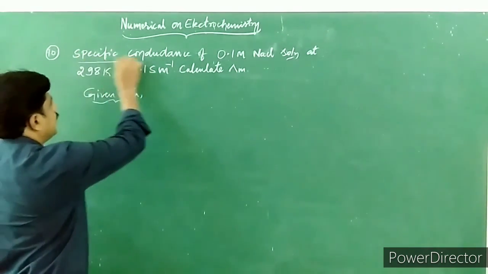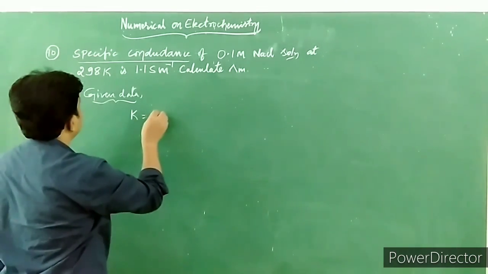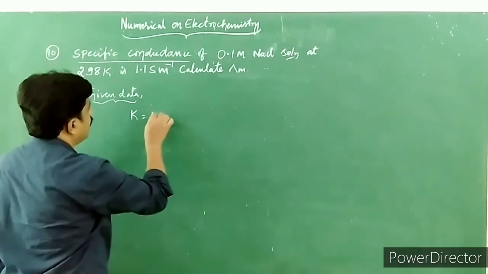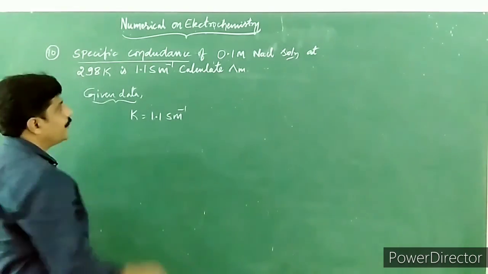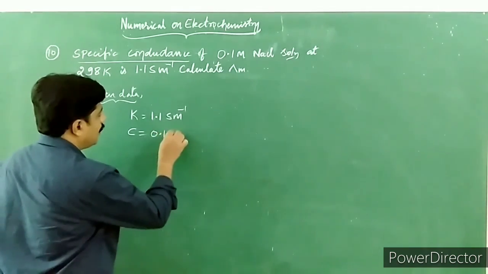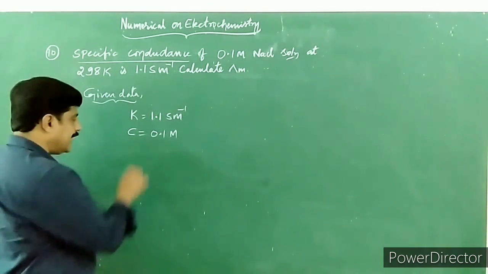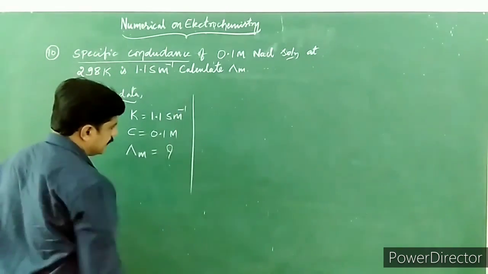Now, specific conductance is nothing but conductivity, is it not? K is equal to how much? It is 1.1 Siemens per meter, whereas C is given as 0.1 molar NaCl solution. What are they asking? They are asking to find out molar conductivity.